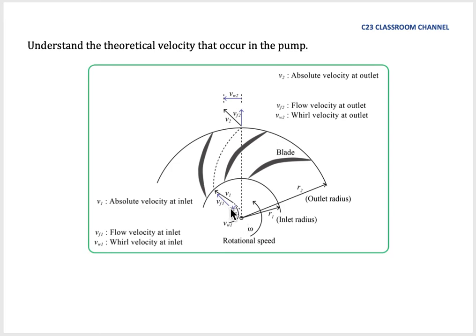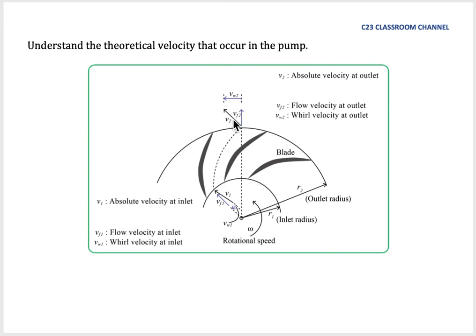So we could draw VF1 like this, the blue arrow, and at the outlet we could draw VF2 like this, parallel to the radius here. Okay. However, in reality, we found that the flow will enter the blade a little bit slanted like this one, like V1 here, and V2 here will come out a little bit slanted.